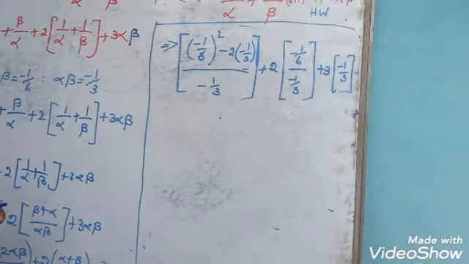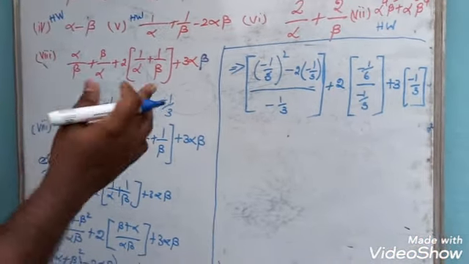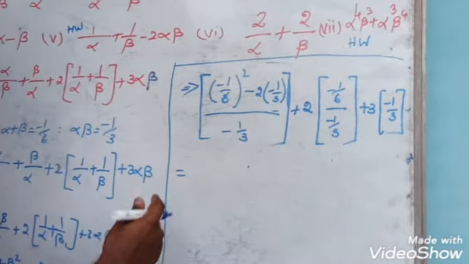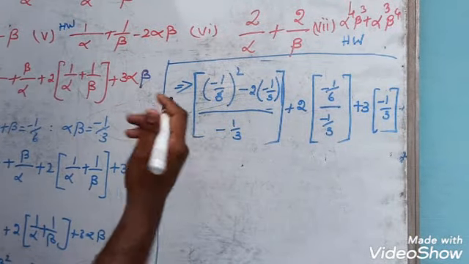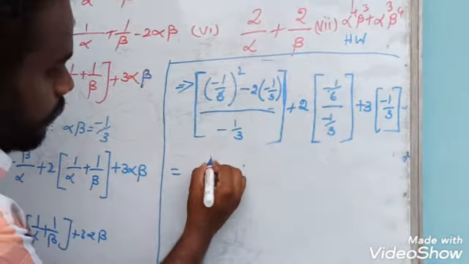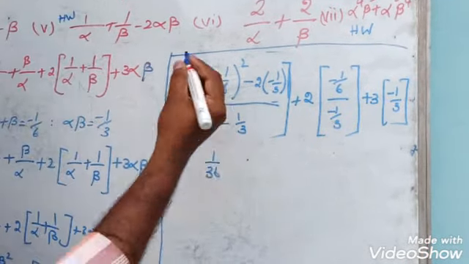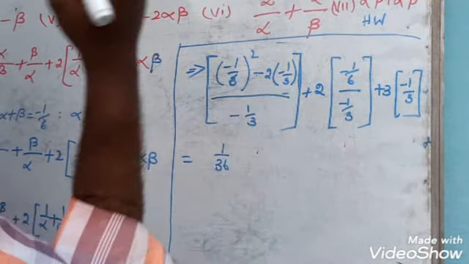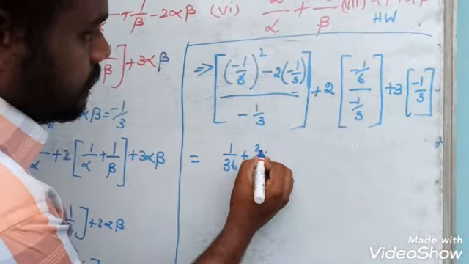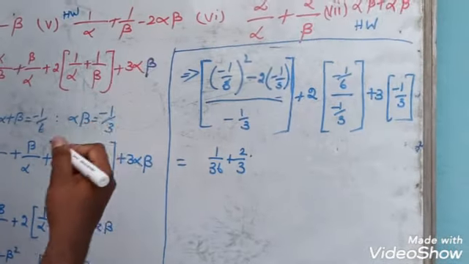As usual, a simple calculation, we simplify it. Here we make a square: 1 by 36, minus 2 into minus 1, plus 2 by 3.